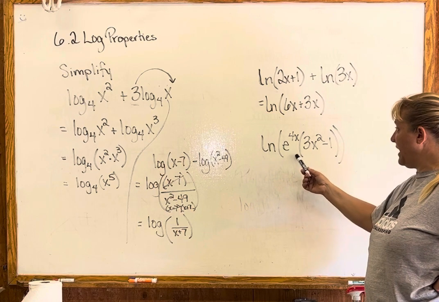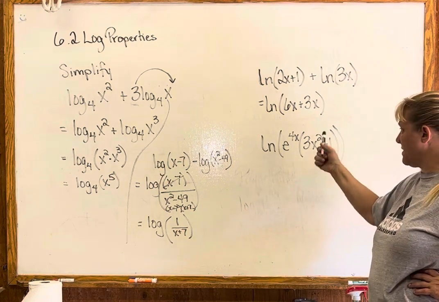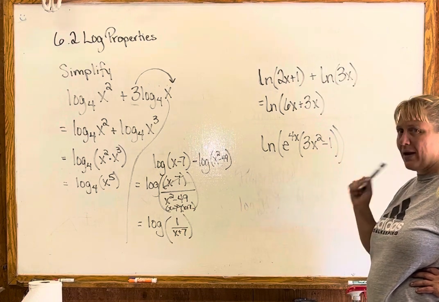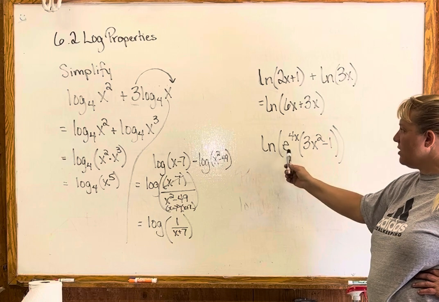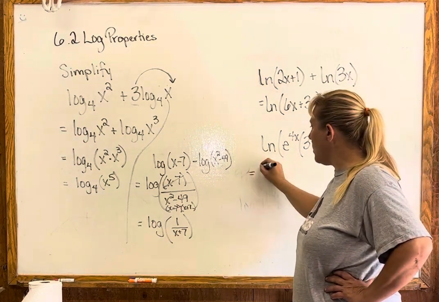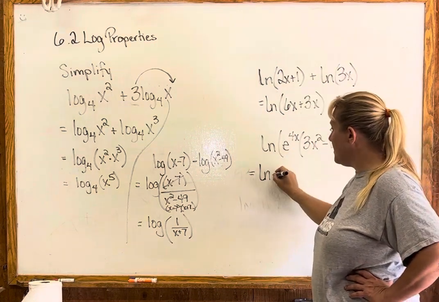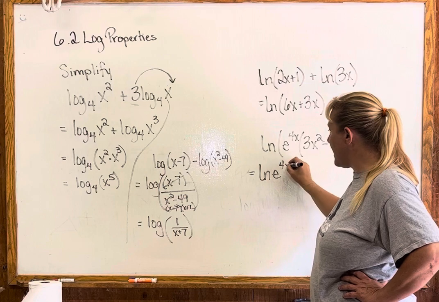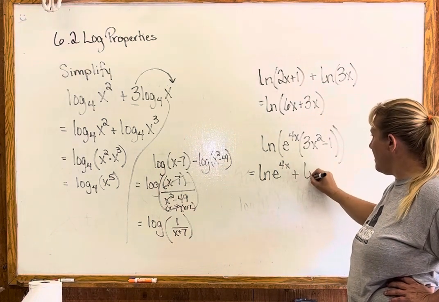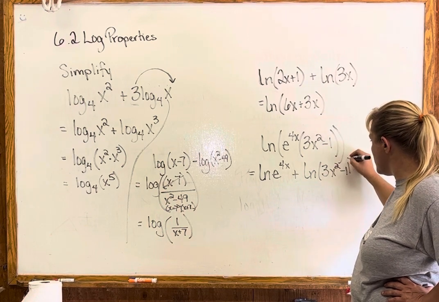Even though it's a single log, it really doesn't look all that pretty because of all the multiplication. And you might be inclined to distribute through, but I'm going to tell you something. Remember, natural log and e, they're buddies, right? So this would be one where we actually want to pull it apart. So we actually want to use addition to write this as the ln of e to the 4x plus the ln of 3x squared minus 1.